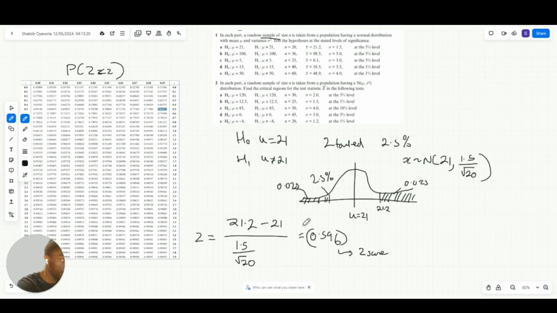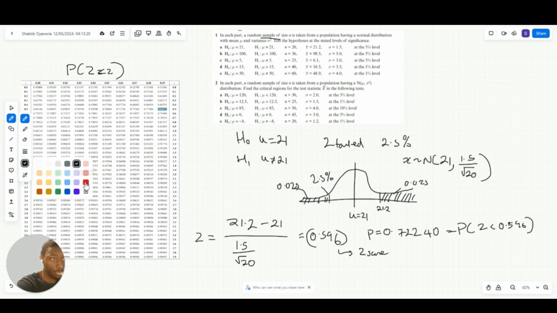So my p-value for a z-score of 0.596 is going to be 0.72240. But because this is for when the z-score is less than 0.596, that is going to cover this portion, which I'm going to shade.